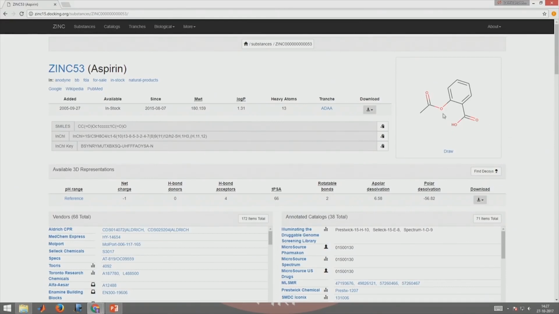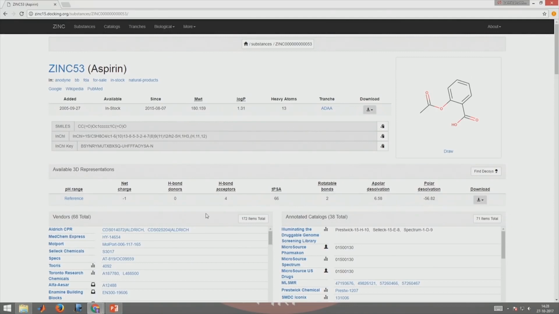So, 1, 2, 3, 4. So, it has got 4 hydrogen bond acceptors. TPSA means total polar surface area. The PSA means polar surface area. Okay. It has got 2 rotatable bonds, and so on.